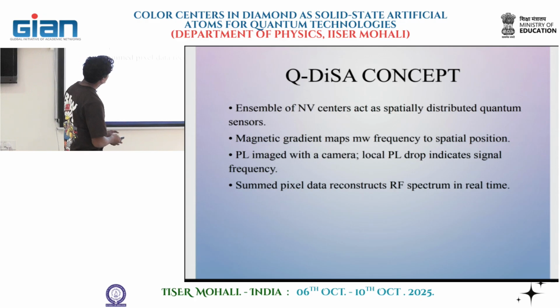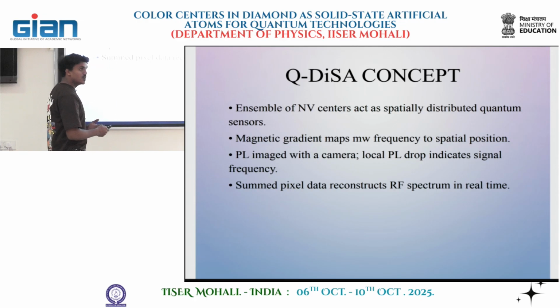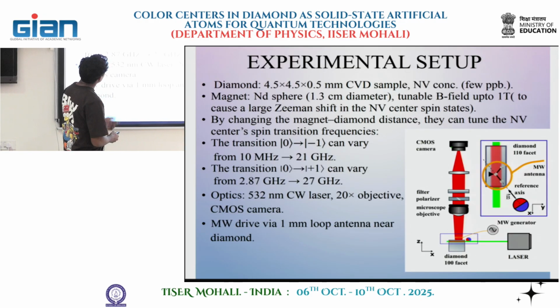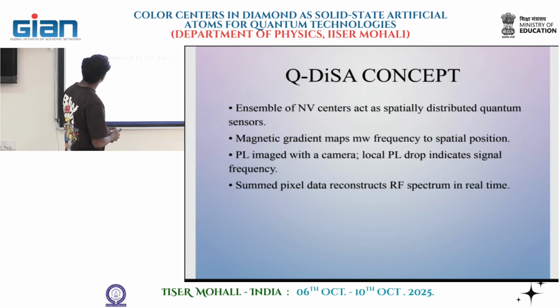As we apply the microwave, there are peaks where the frequency matches the NV centers' resonance frequency. Pixel data then reconstruct the radio frequency spectrum in real time.